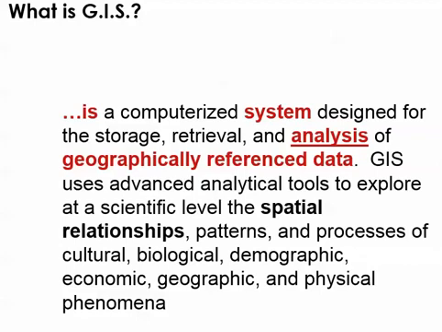GIS uses advanced analytical tools to explore at a scientific level the spatial relationships, patterns, and processes of cultural, biological, demographic, economic, geographic, and physical trends and phenomena. Basically, it's a very sophisticated system that provides us with the ability to analyze the trends and patterns of our existing environment.